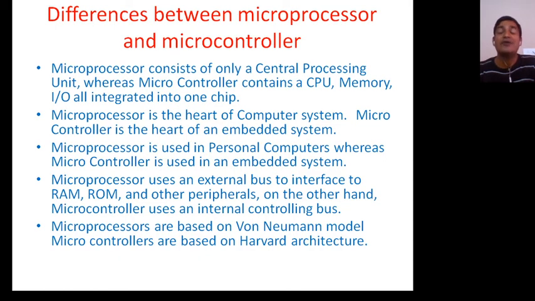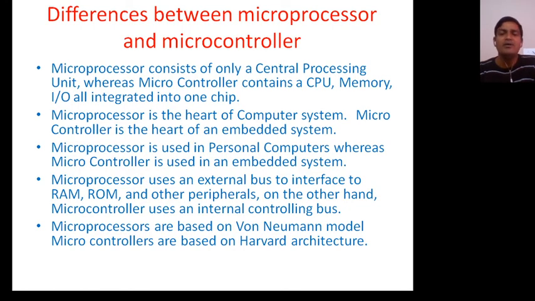But in a microcontroller chip, there is a CPU, or you can say microprocessor, plus memory plus input output. So a microprocessor consists of only the central processing unit, whereas a microcontroller contains a CPU, memory and input output all integrated in one chip. This is the basic difference between microprocessor and microcontroller.